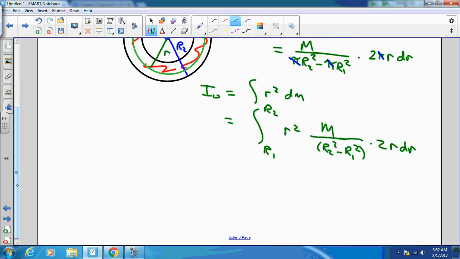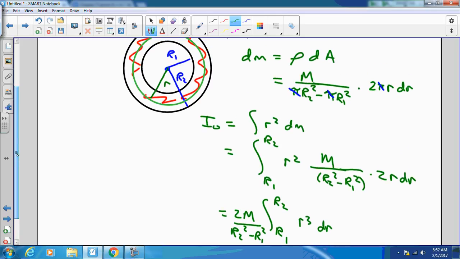Like that. Out come the constants. And what's left behind is delightfully simple. It's the integral of r cubed dr.